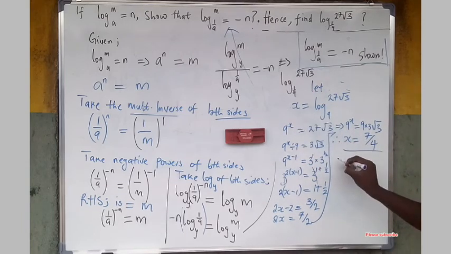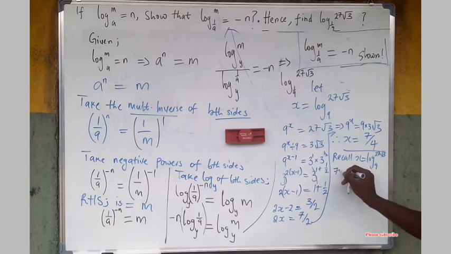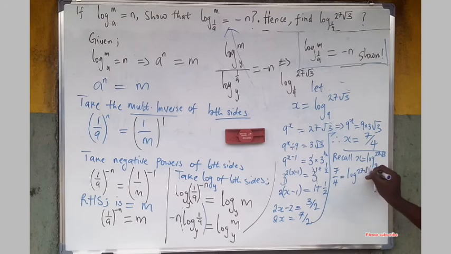Recall that x was equivalent to log of 27 root 3 to base 9. So that means 7 over 4 is equivalent to log of 27 root 3 to base 9.